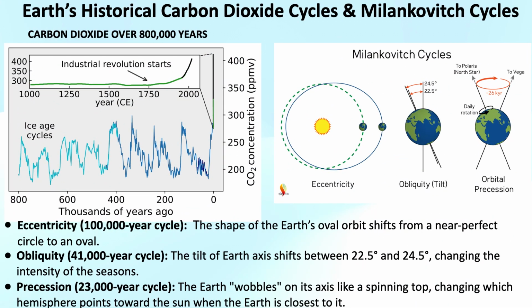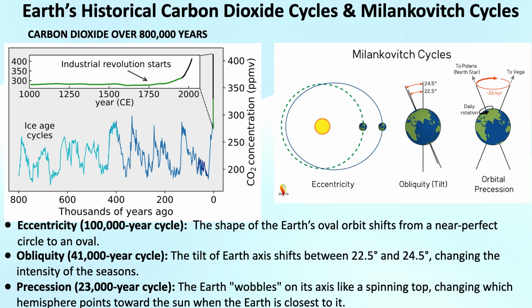Now, what caused the natural cycles? Well, it turns out we can explain these historical cycles. They normally call them the Ice Age cycles, and they're explained by three phenomena. The person that discovered this was Milankovitch, so they're called the Milankovitch cycles. There are three major cycles responsible for this historical fluctuation.